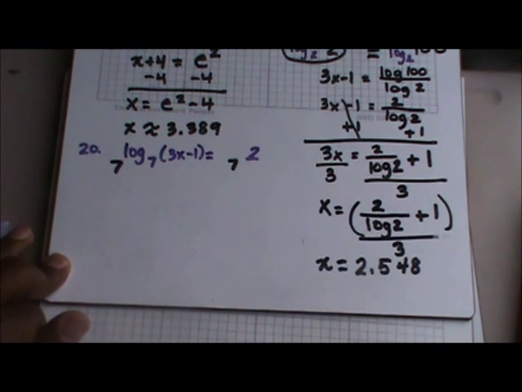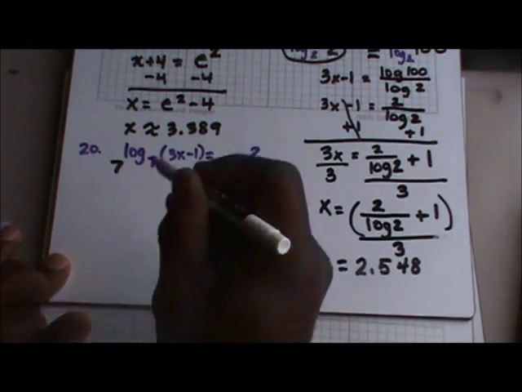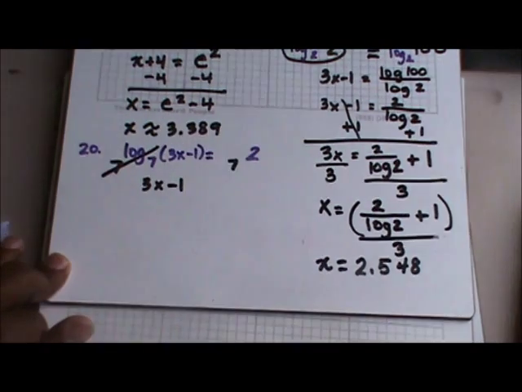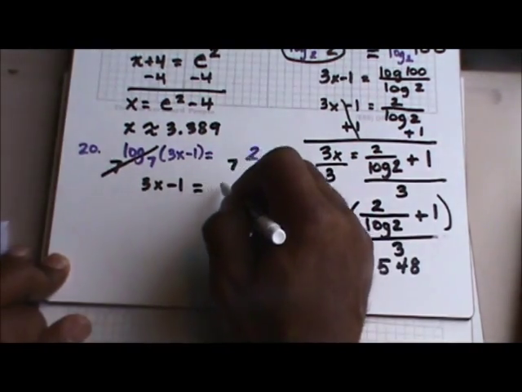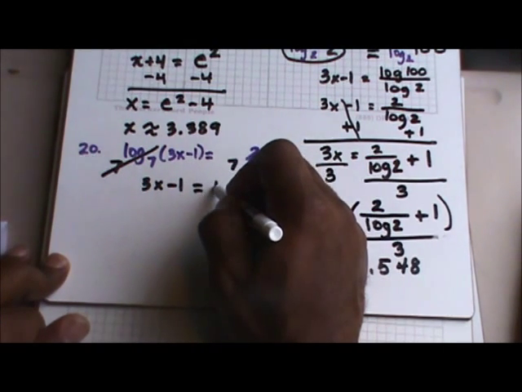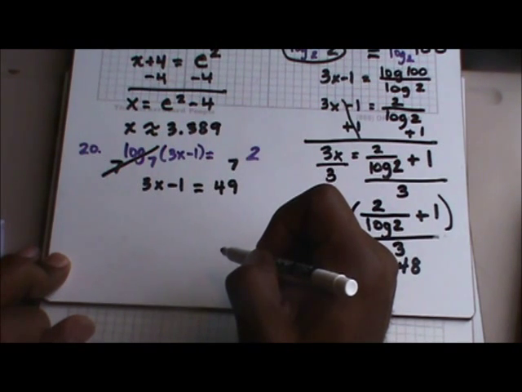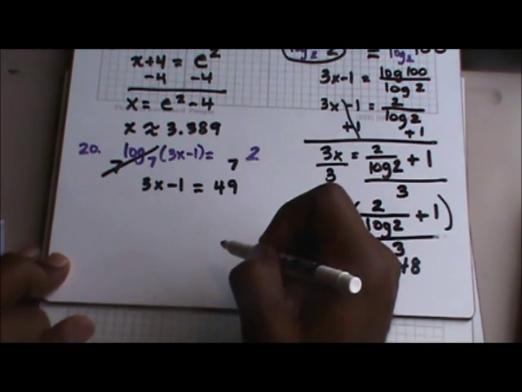That's going to give us a 3x minus 1 on this side because this cancels, and that's equal to 7 squared. What's 7 squared? But 49. Wow, this is a calculator problem.